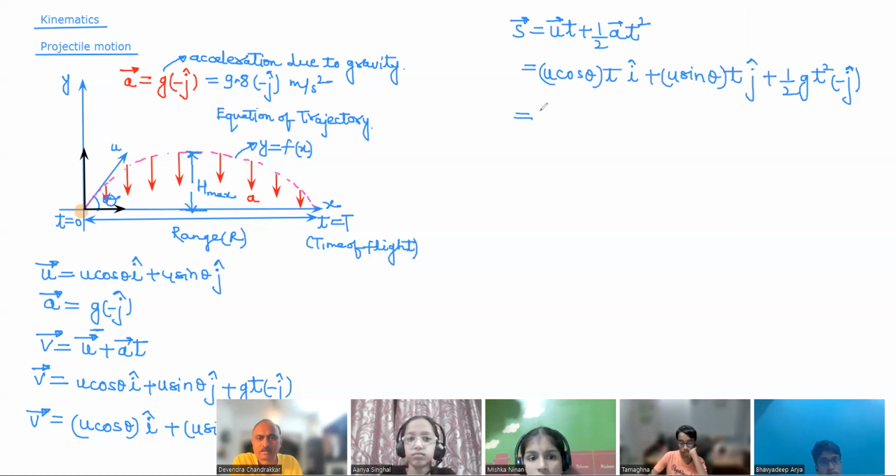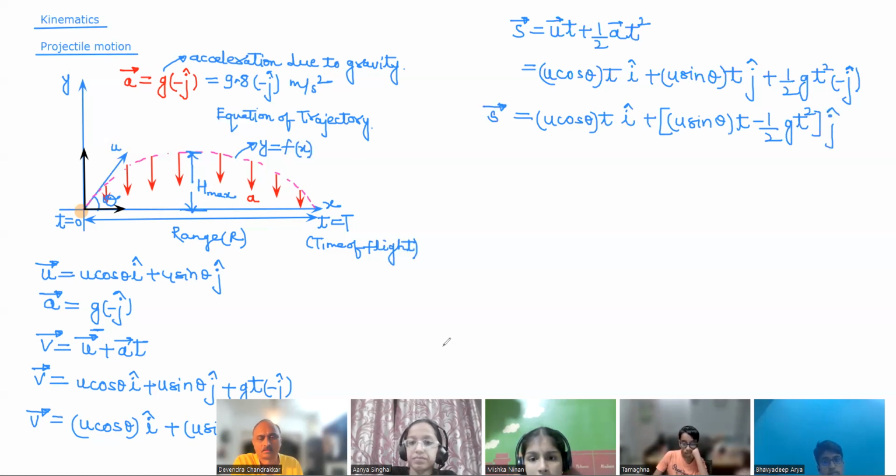Now, again, we can segregate it. It's u cos theta t i cap plus u sin theta t minus half gt square j cap. This is the S vector.